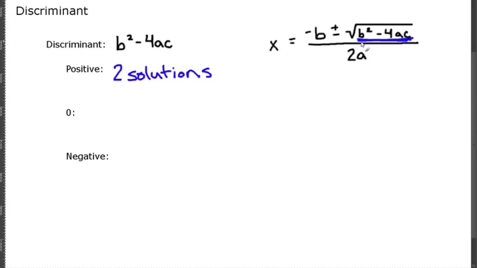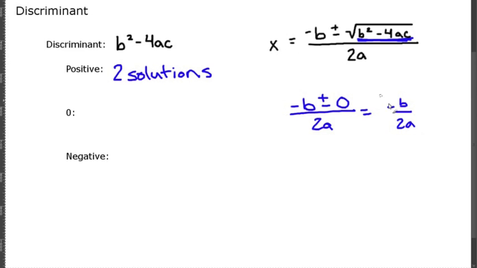If the discriminant is 0, we're going to take the square root of 0, which is just 0. So we're going to have a negative b plus or minus 0. Negative b plus 0 or negative b minus 0 all over 2a, that's going to be simply negative b over 2a.